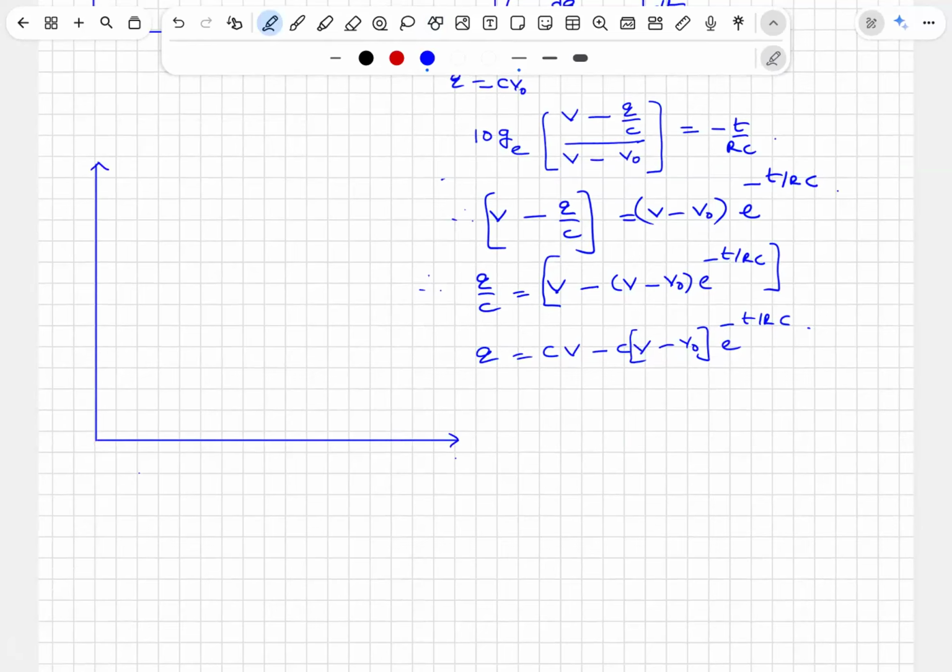Put t equal to 0, you will have CV naught. Now at t tends to infinity. See, this is how you will graph it. Any doubt?